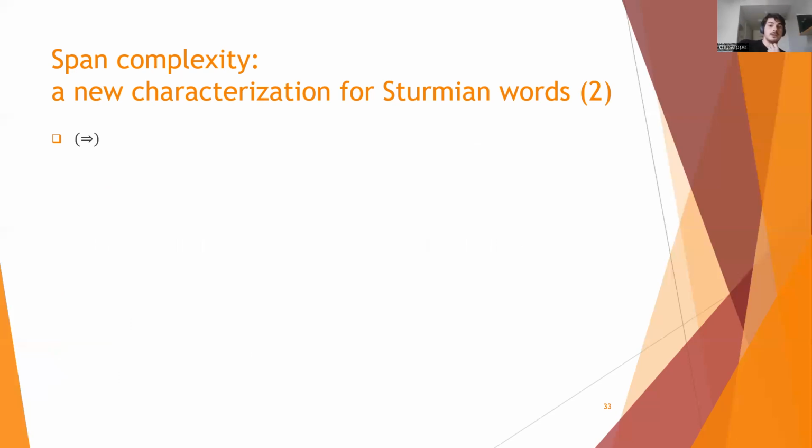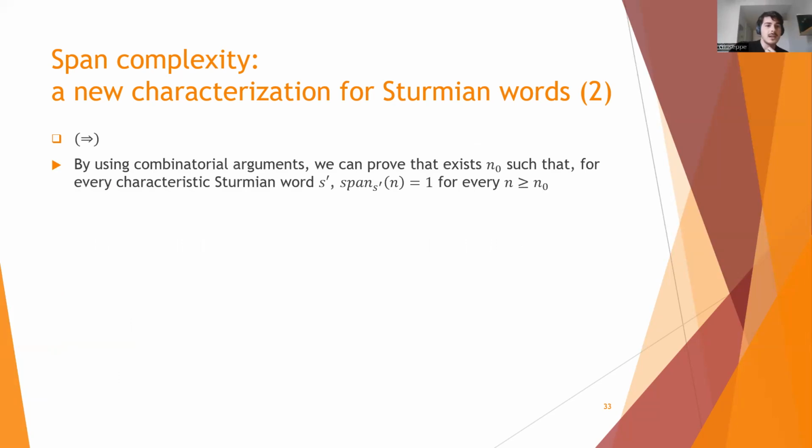For the other direction, being Sturmian implies that, by using combinatorial arguments, we can prove that there exists a certain n0 such that every characteristic Sturmian word S prime admits a string attractor with span 1.